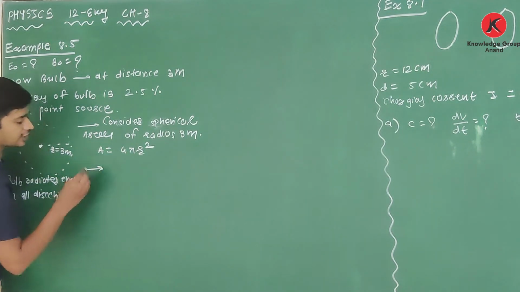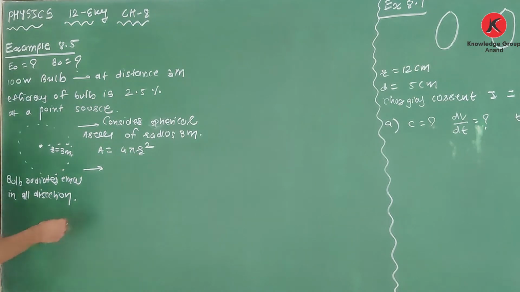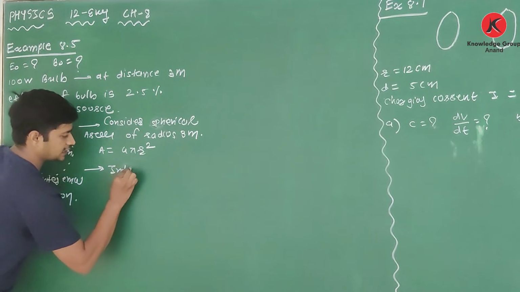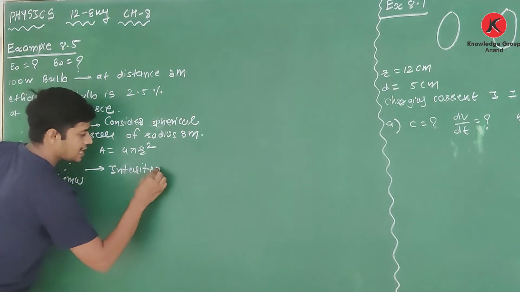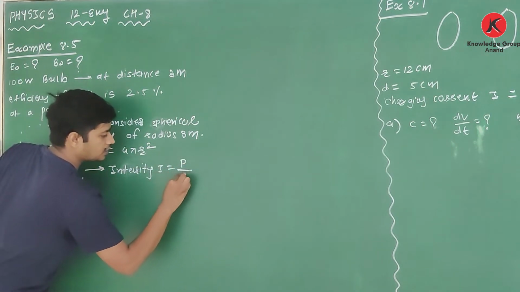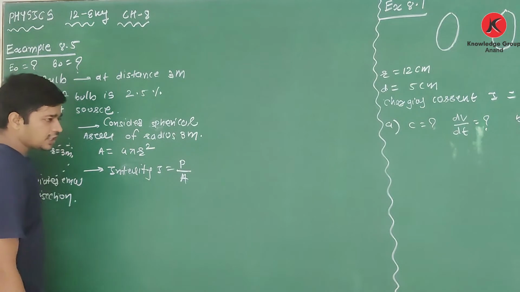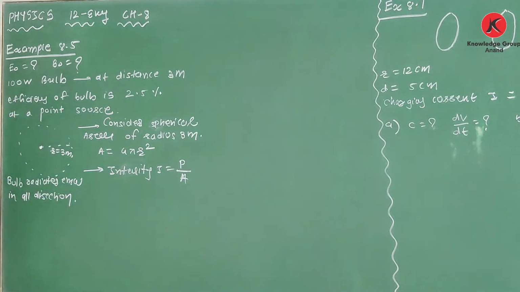Second one, intensity. What is the equation of intensity? Intensity I is equal to power per unit area. So how to find this power per unit area? See, a 100 watt bulb and its efficiency is 2.5%.